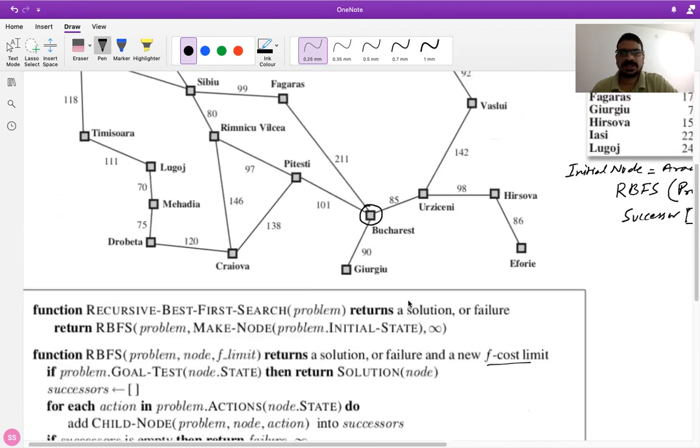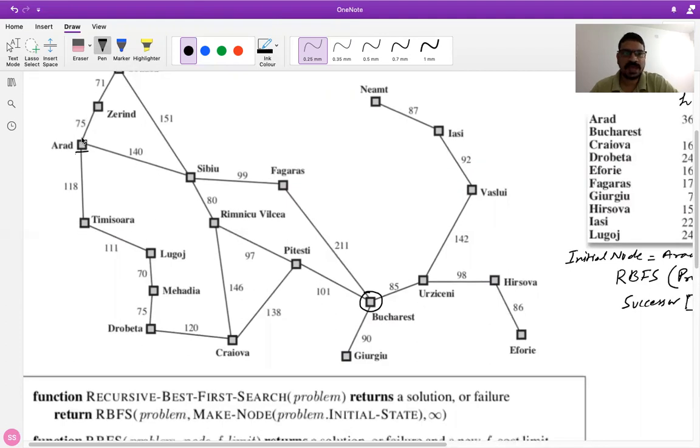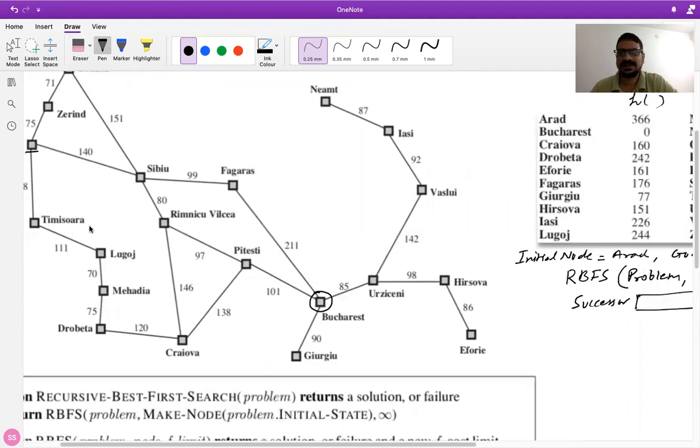From Arad, I can go to Zerind, to Timisoara, or to Sibiu. I'll not write the city names in full, I'll take the initial letter of each city. So from A, I can go to Z, to S, or to T.